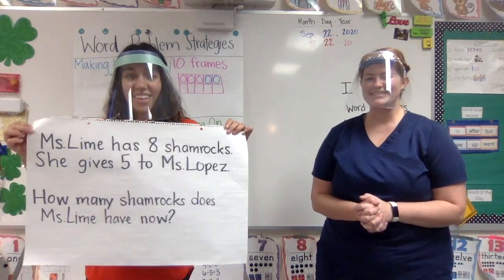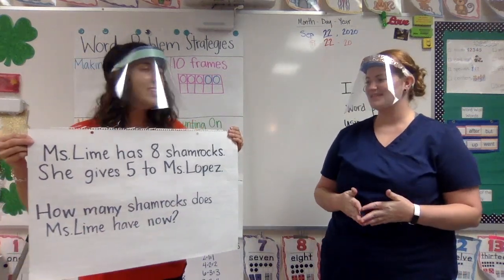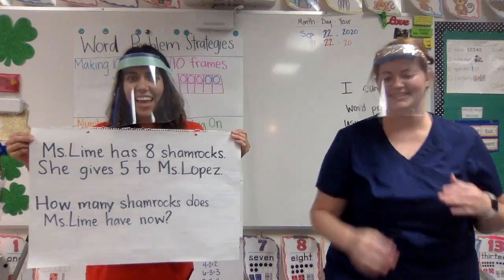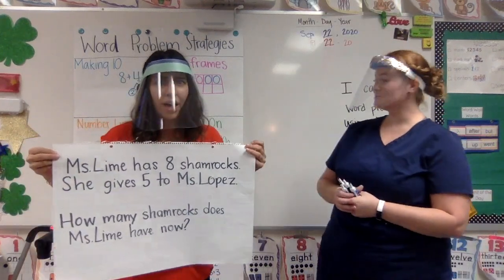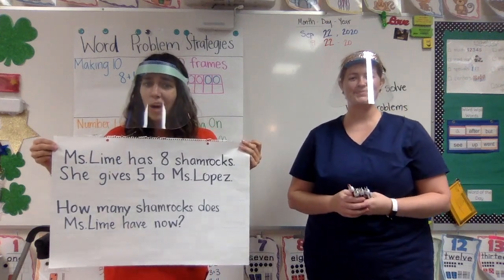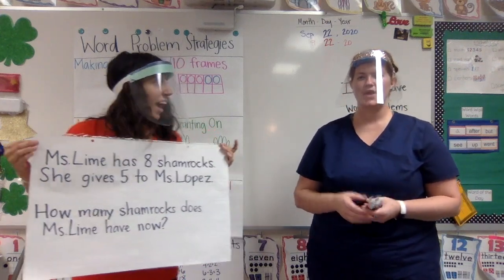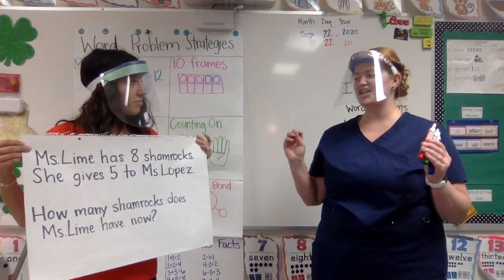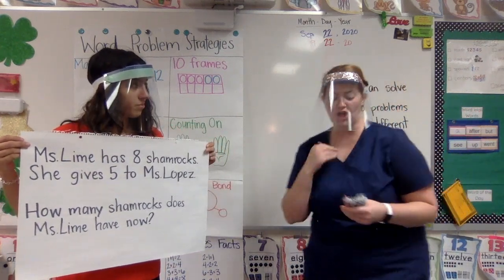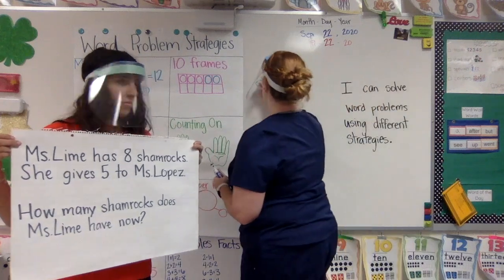All right, this is going to be our first word problem. It says Miss Lime has 8 shamrocks. She gives 5 to Miss Lopez. How many shamrocks does Miss Lime have now? Okay, let me set it up. Miss Lime has 8 shamrocks. Okay, so that's what I start with. So I have 8 shamrocks.